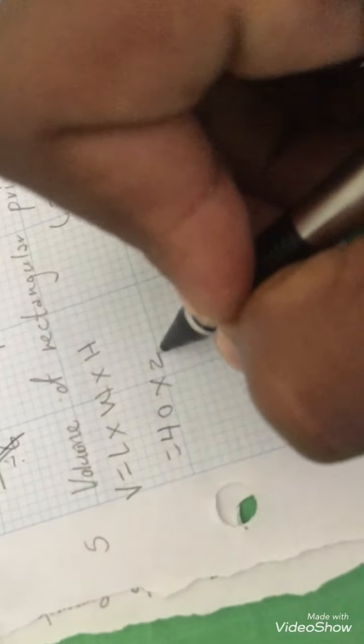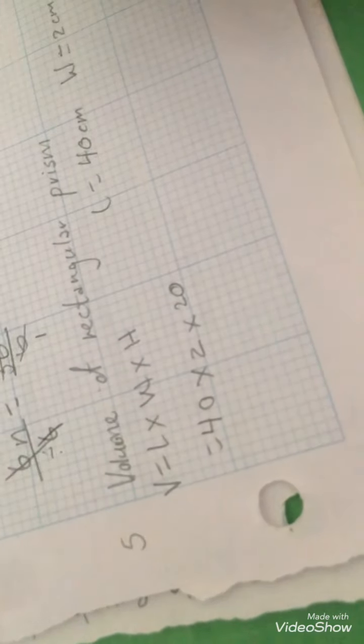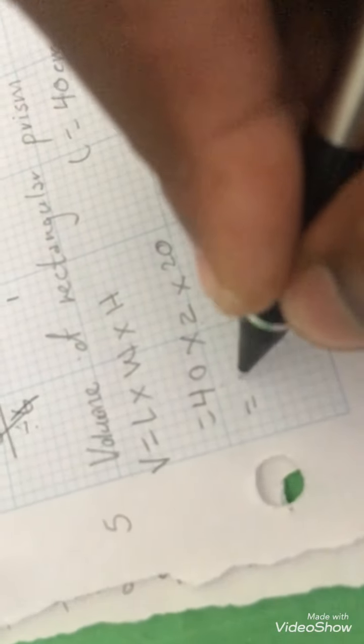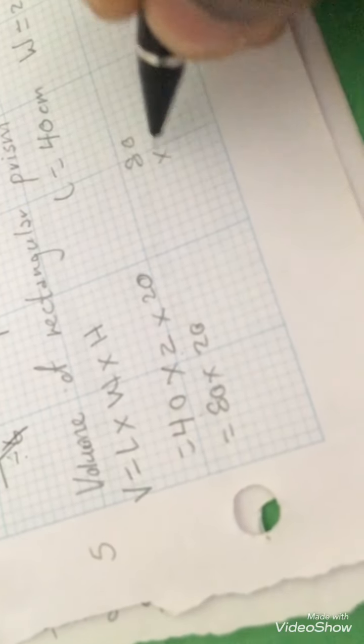Okay? So 40 multiplied by 2 multiplied by 20. Okay? So 40 by 2 is going to give us 80. Right? 80 by 20. And then we can put down our 80 over here, multiplied by 20.